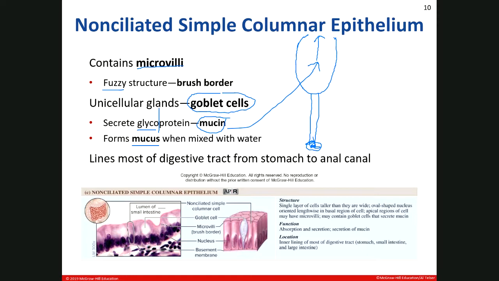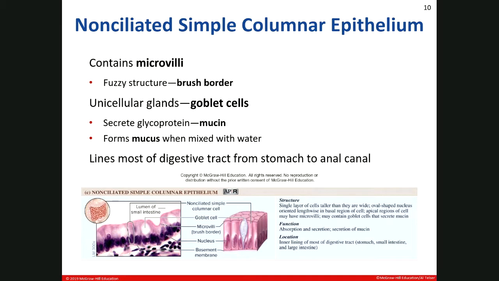So mucus, you learned today, will act as a lubricant, but it also helps neutralize some of your stomach acid. So, point being, let me just erase this.